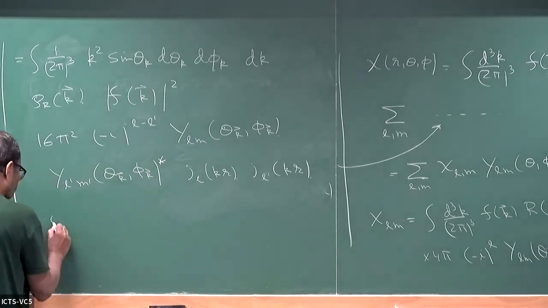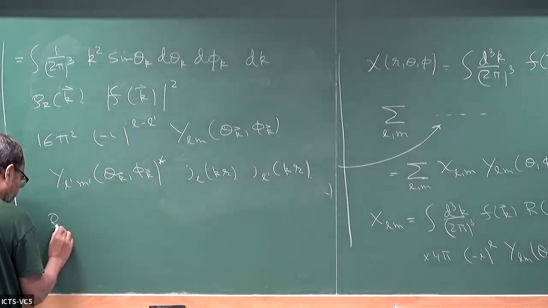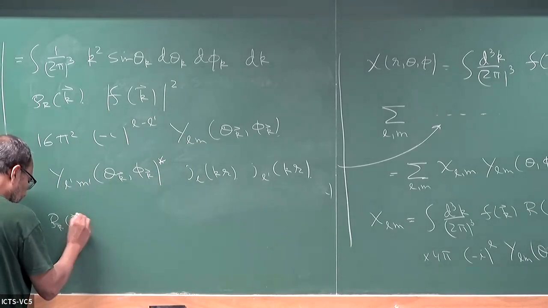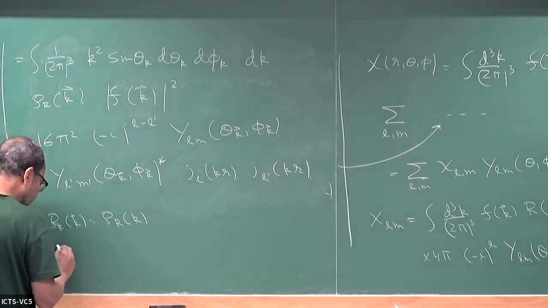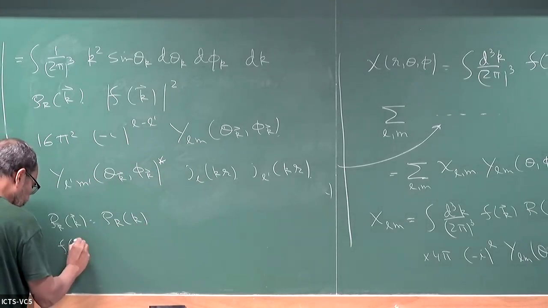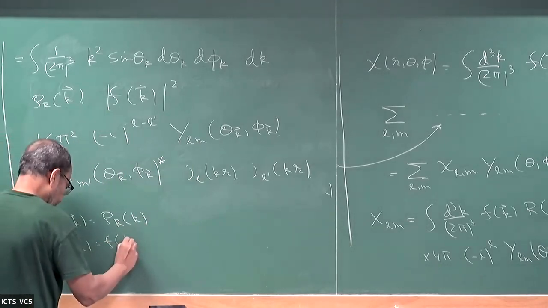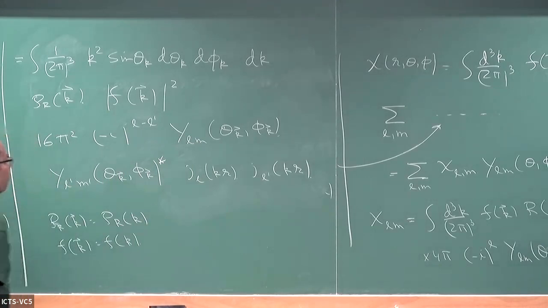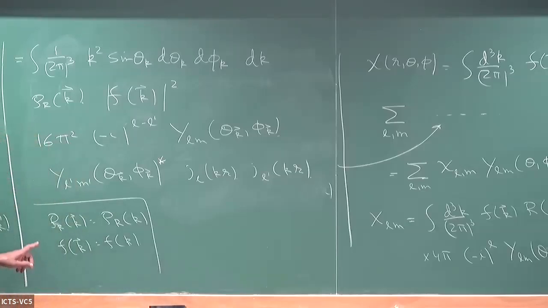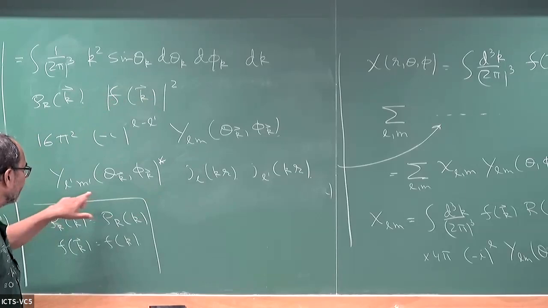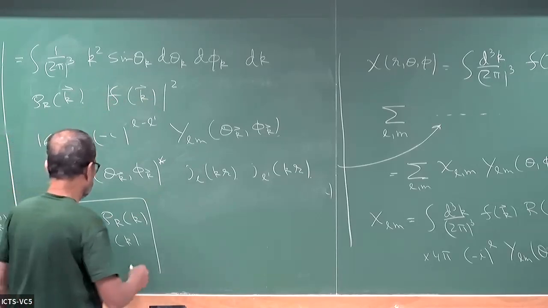So PR of k should be PR of just the magnitude, and similarly f of k should be f of just the magnitude. So using this, we see that the theta k phi k integral can now be done setting l equal to l prime and m equal to m prime.